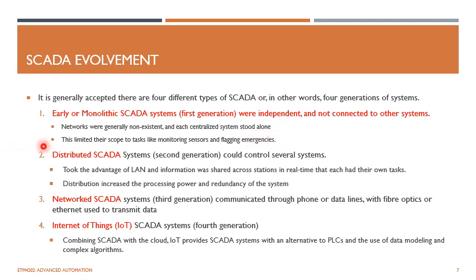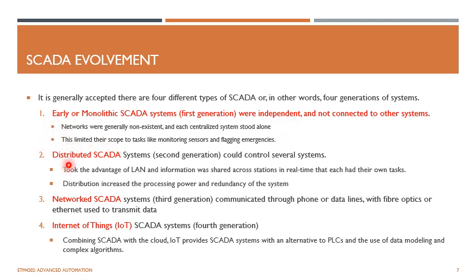They limited their scope to tasks like monitoring sensors and flagging emergencies. So you couldn't control your plant from a remote location. It was only a local system, and you could control your system only locally.